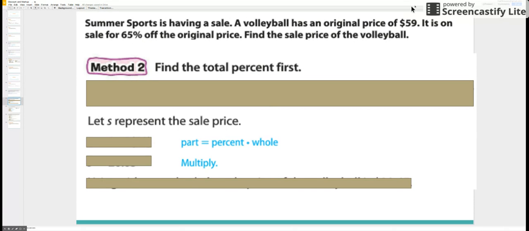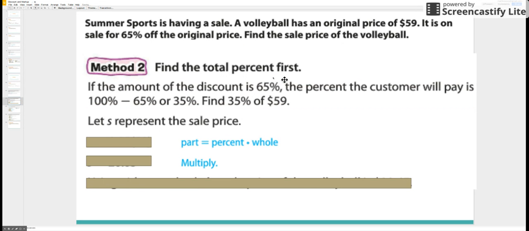So if this represents 100% and you're paying some sort of price that is 65% off, you would do 100% minus 65%, okay? And whatever percent you get, that's the percent of the price that you're actually paying at the end.